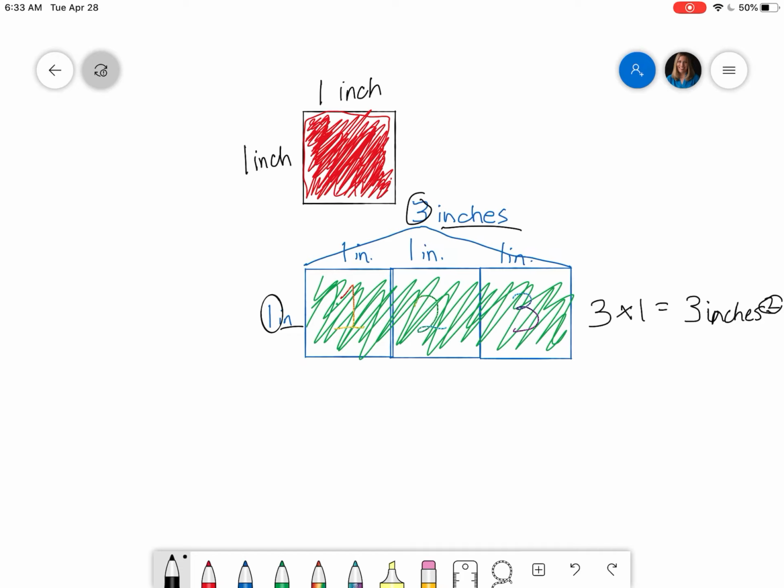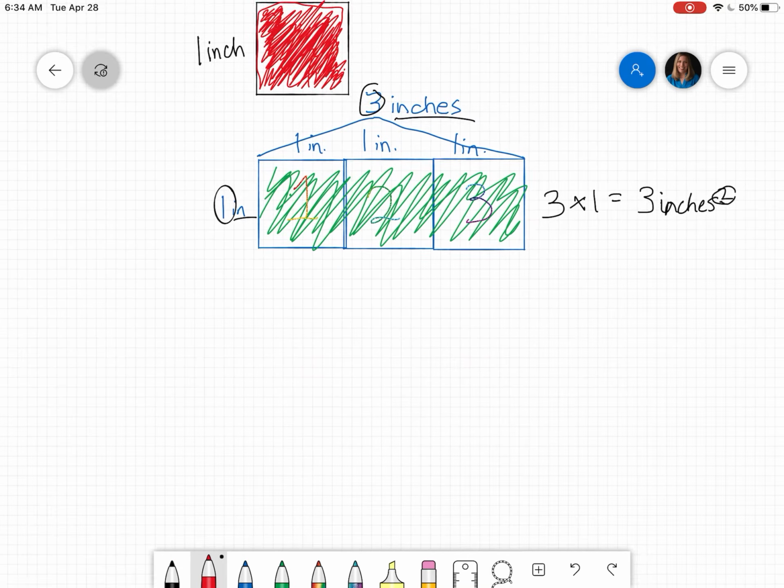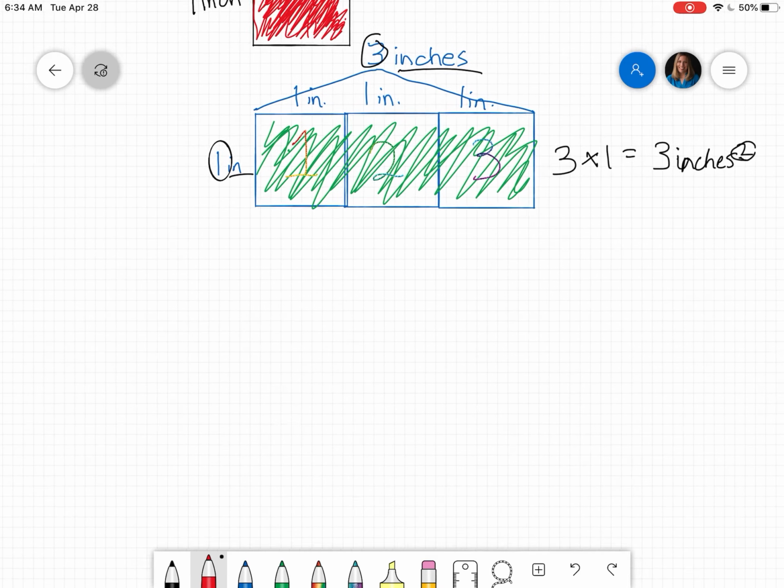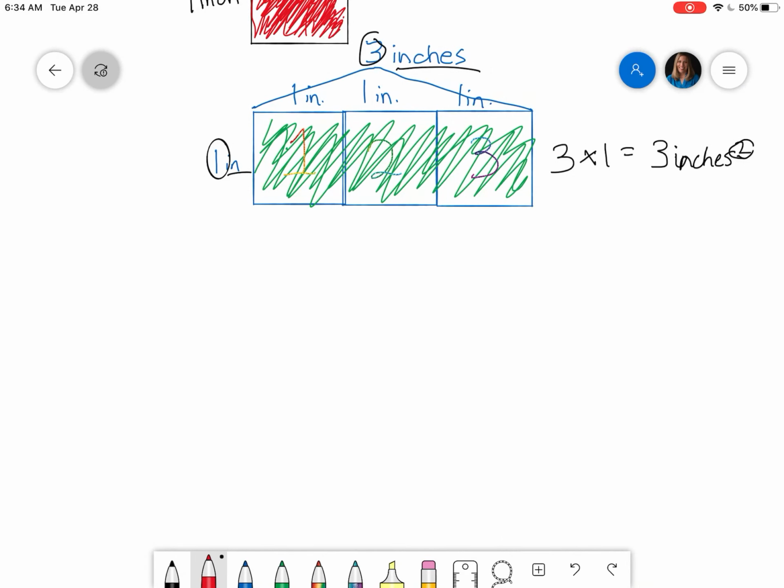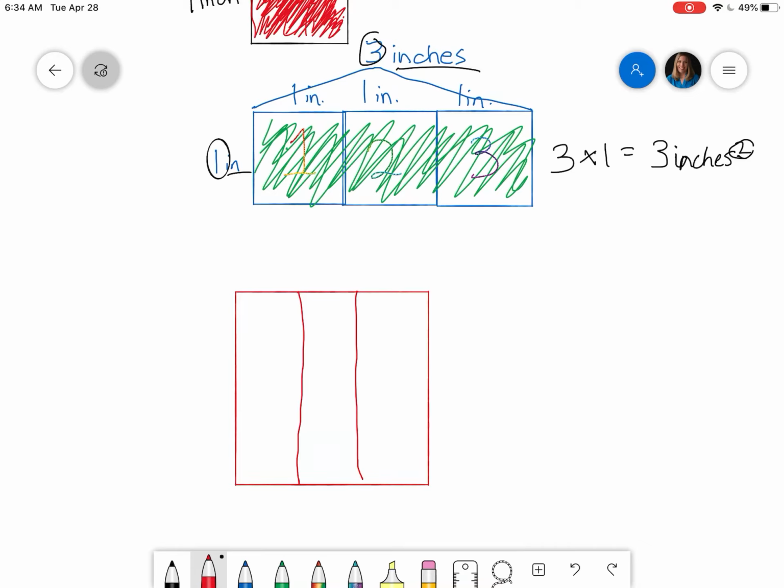Well, what happens if I added another layer? So let's come down over here, and let's look at what if we did 3 this way, but we also had 4 this way. 1, 2, 3, 4 lines.